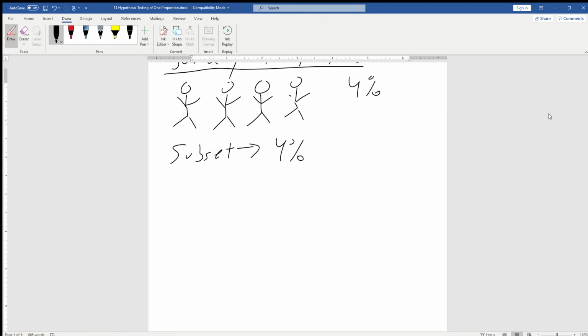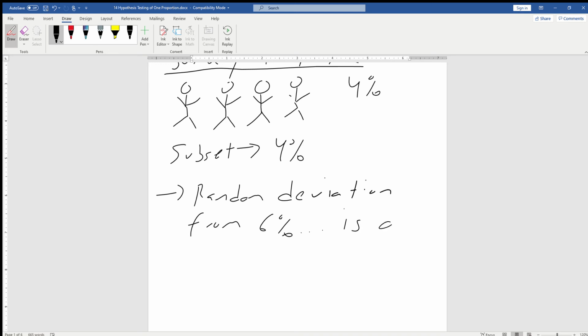Okay, so we always have to factor in the idea of random deviation from 6%. And the question is, is a 2% deviation significant?